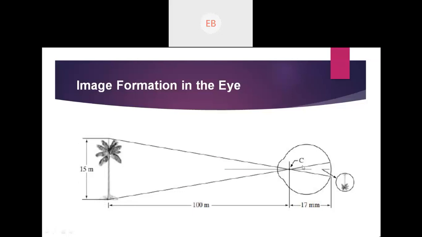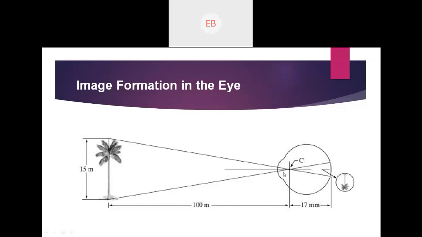When the human eye focuses on an object farther away than about 3 meters, up to about 100 meters, the lens exhibits its lowest refractive power.